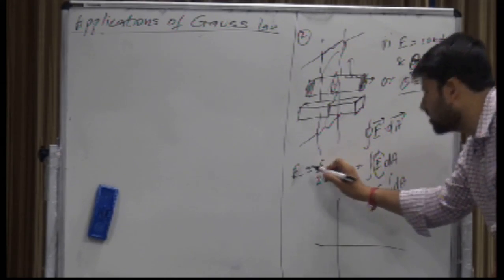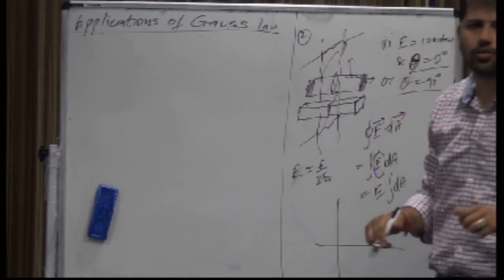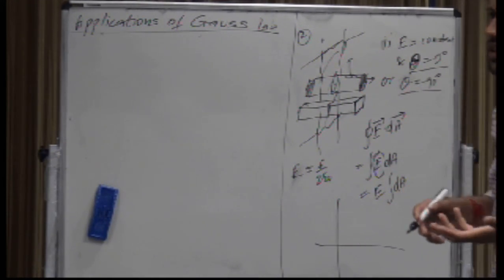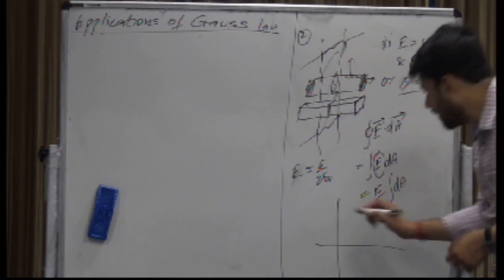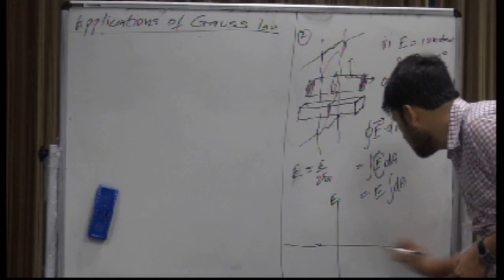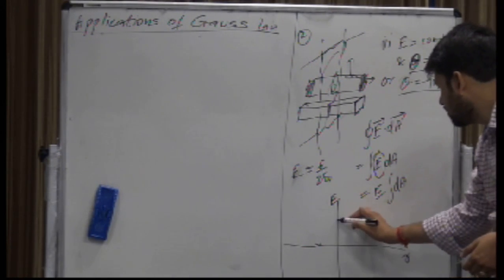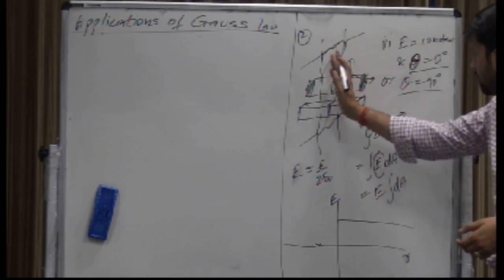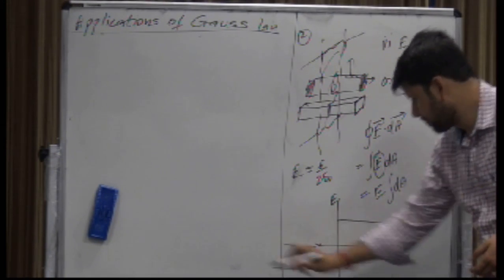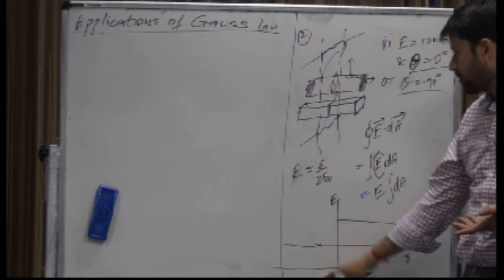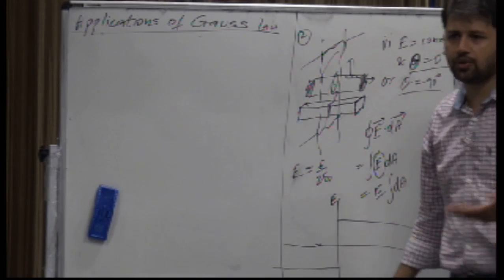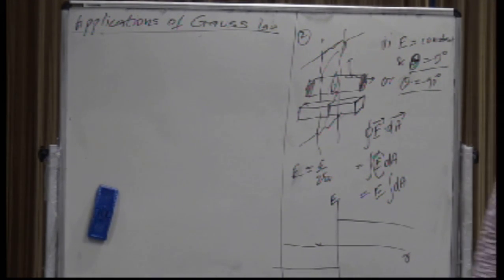We did this yesterday as well when we were discussing the disk. So this is E versus the distance r. Constant field on the positive side, constant field on the negative side. Why negative? Because it is leftward, so vectorially it is negative. Is it okay?